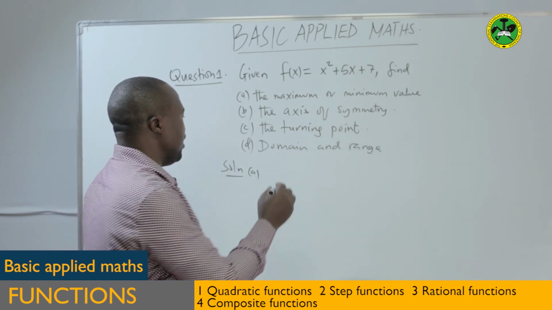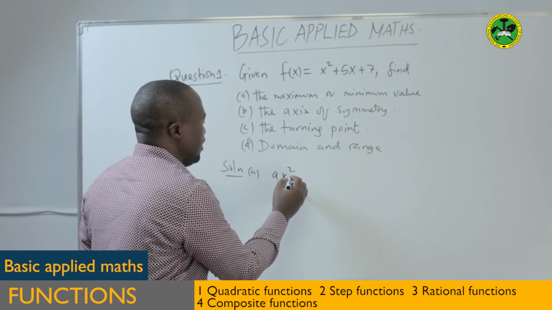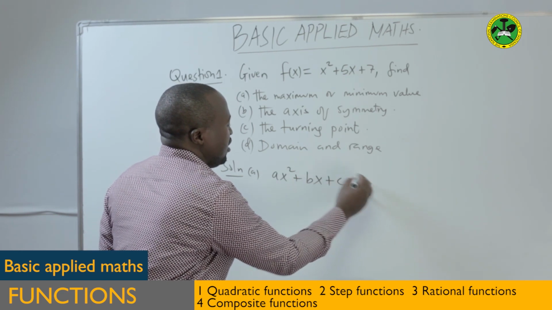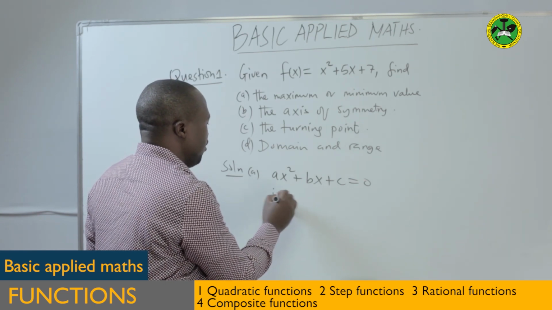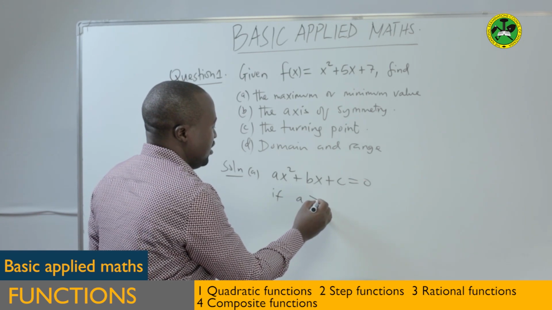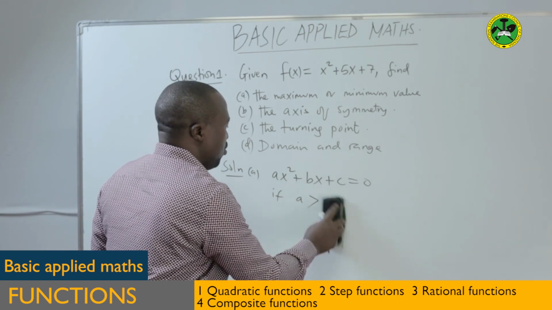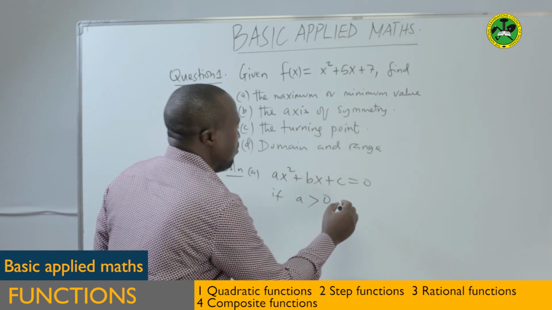First, remember, the form of a quadratic equation is written as ax squared plus bx plus c is equal to 0. Now, if a is greater than 0, then we have a minimum point.